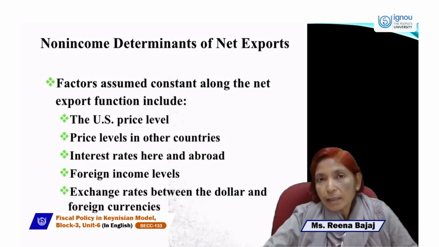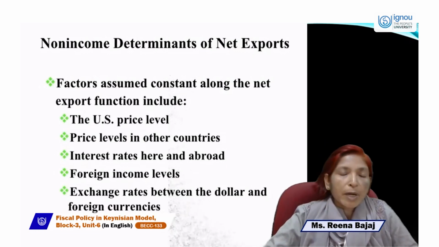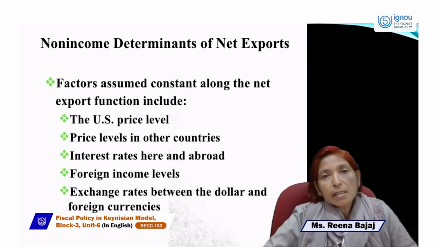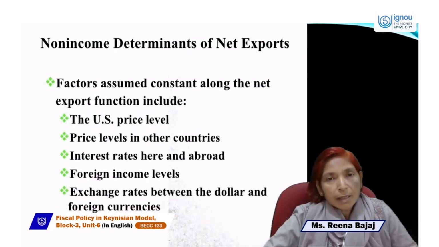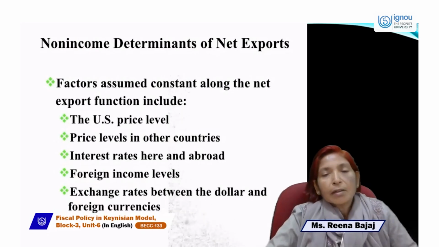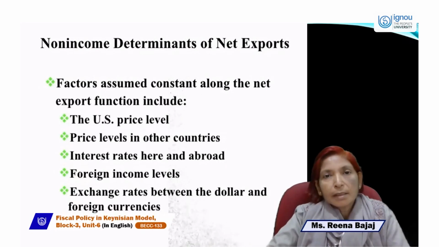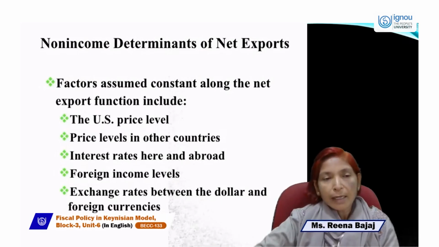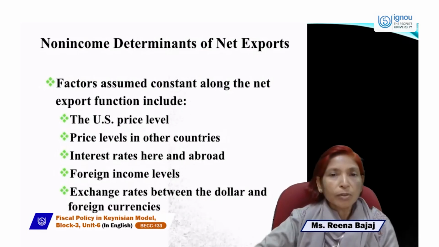It means when inflation occurs in our country, our exports will fall and imports will rise, and the net export curve will shift to the left.